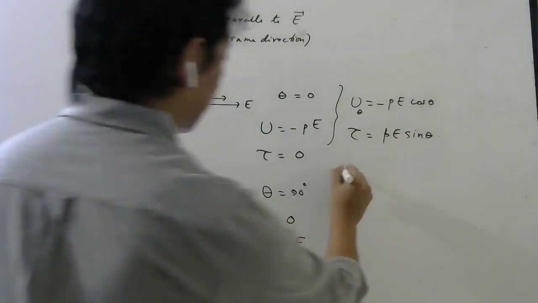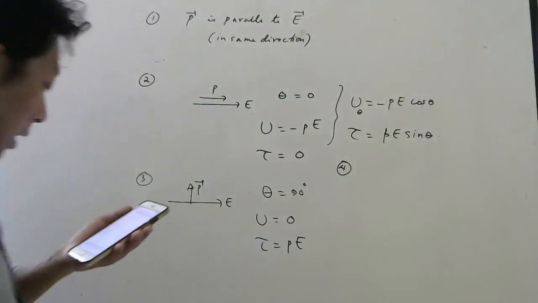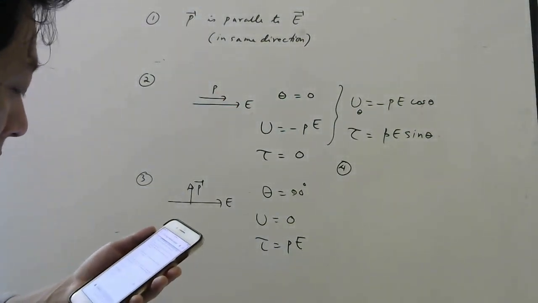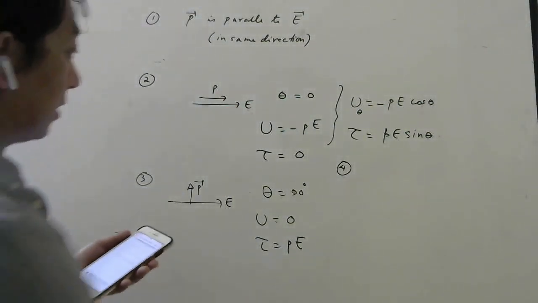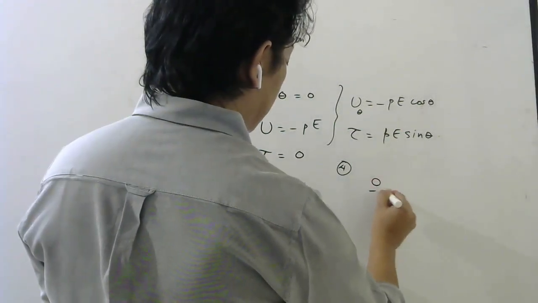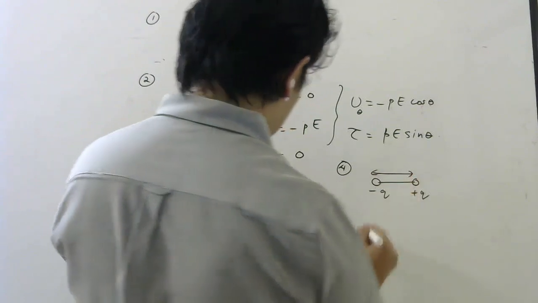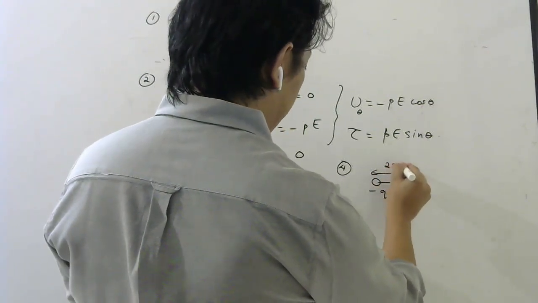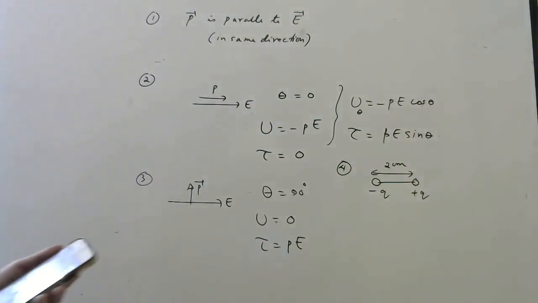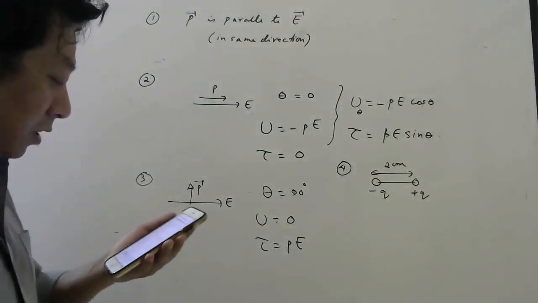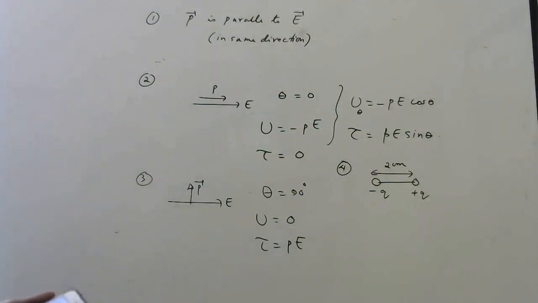Question number 4, you see. An electric dipole of length 2 centimeter. So there is a dipole, minus q, plus q. This length is given 2 centimeter, with its axis making an angle of 45 degree to uniform electric field.